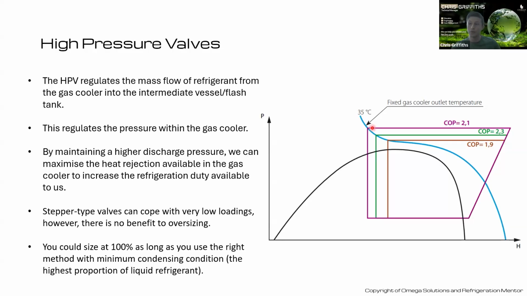Stepper valves are really good at coping with low loadings because you want this system to operate across a wide range of operations. We need to operate at a peak condition in the middle of summer and also a low load condition in winter. Low load condition, well, hopefully we're getting it fully condensing inside the gas cooler and sending it in, but we'll still need to be able to throttle that valve accordingly.